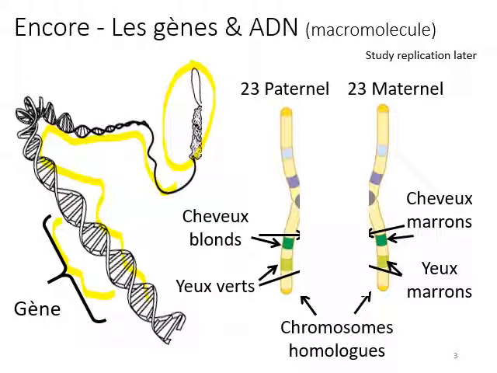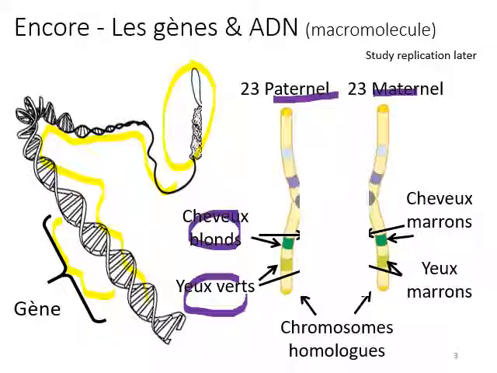Our chromosomes come in pairs, one from our father, one from our mother. On each chromosome, we find genes for hair color and eye color, and these genes could code for different things, different colors, depending on the mother or the father.